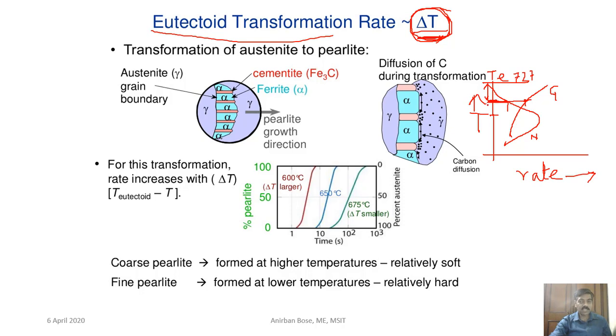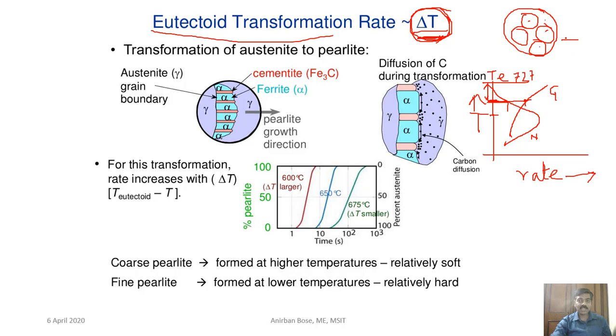So if the nucleation rate is small and the growth rate is large, what will be the microstructure? A small nucleation rate means a small number of nuclei will form. And if the growth rate is large, those nuclei will grow very fast. So what will happen at the end?